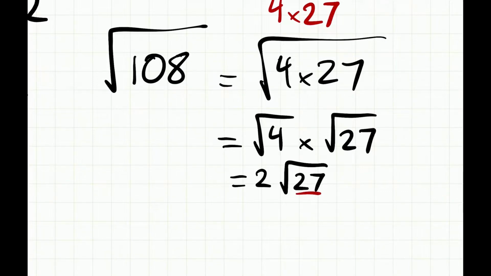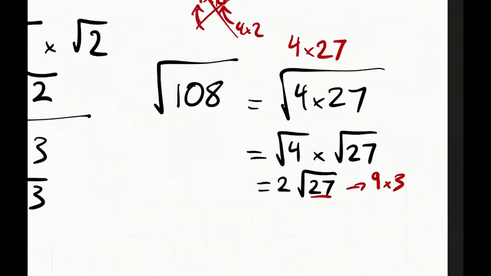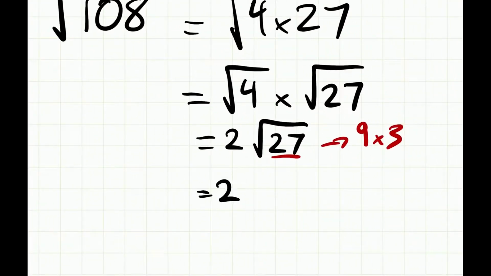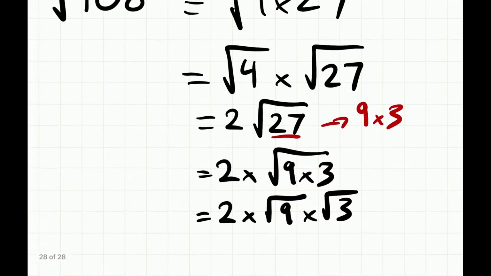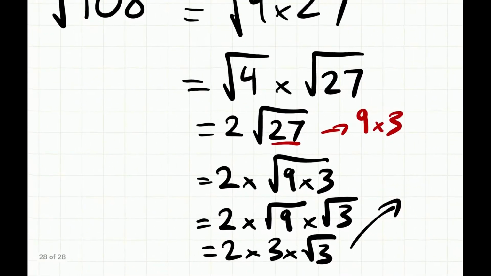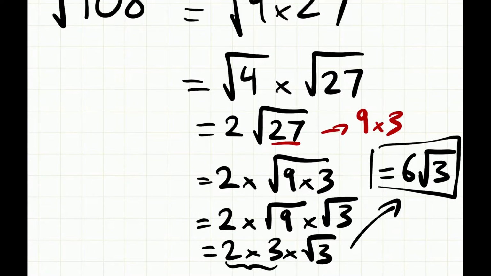The short answer is yes, because 27 is 9 multiplied by 3. That's the one we just did. So we keep going. We have 2 times root 9 times 3, then split up that surd, 2 times root 9 times root 3. Root 9 simplifies down to 3, so we have 2 times 3 times root 3. 2 times 3 is 6, so we have 6 root 3 as our final answer.